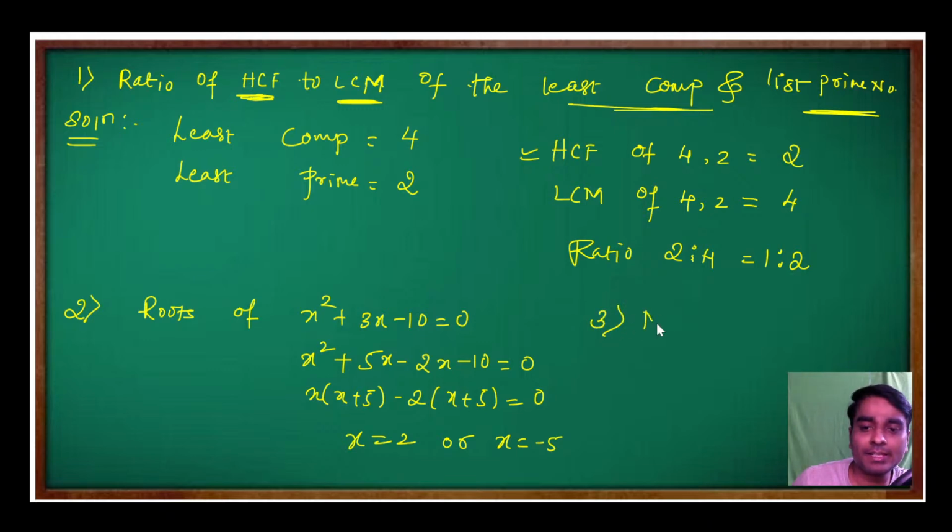Third question. Next term of AP. And here it is given root 6, root 24, root 54.